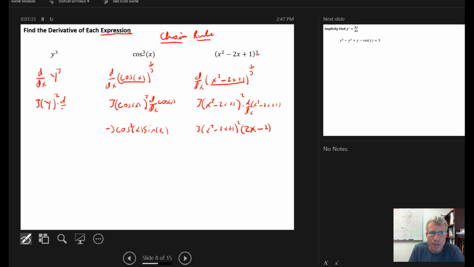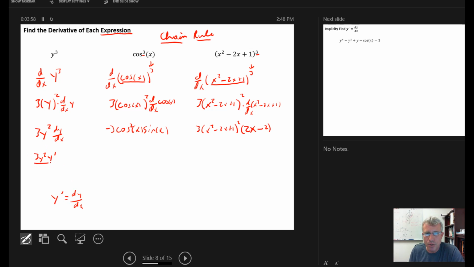So we need to take d dx of y. But the derivative of y with respect to x is just dy dx. So we would wind up getting 3y squared dy dx. Remember that y prime and dy dx are synonyms, so we could just write 3y squared y prime.